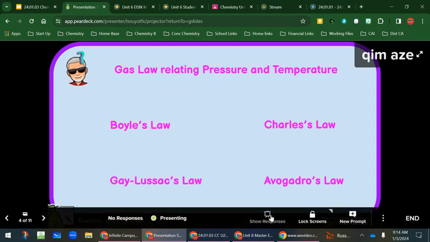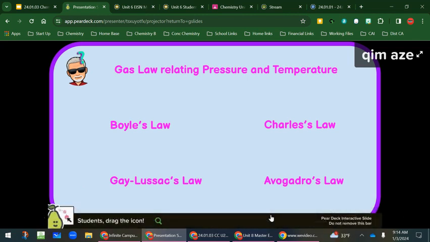Wonderful. Gas law relating pressure and temperature. Which one has pressure and temperature being changed?